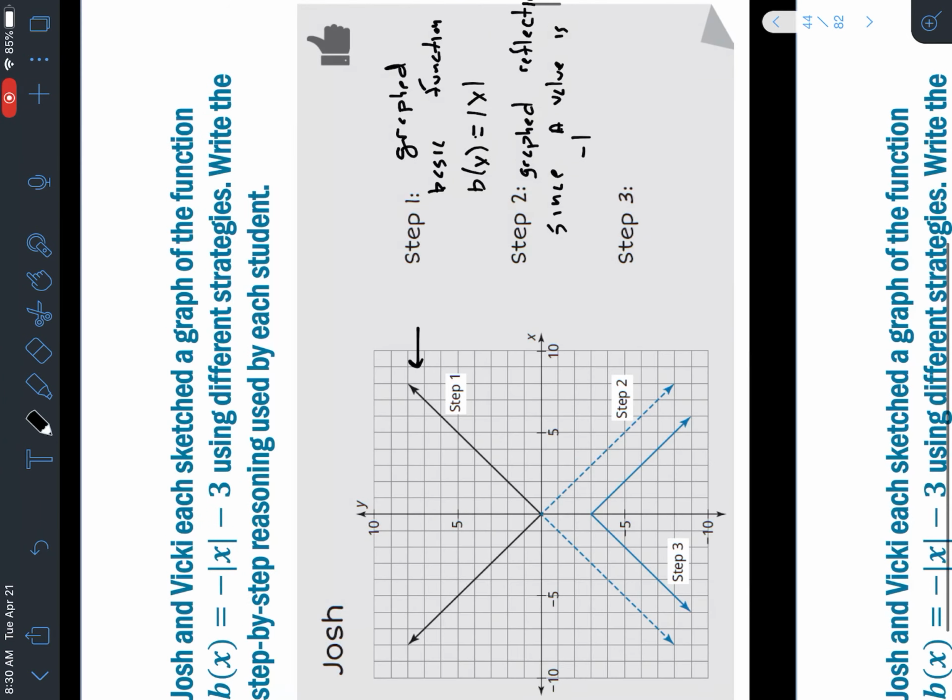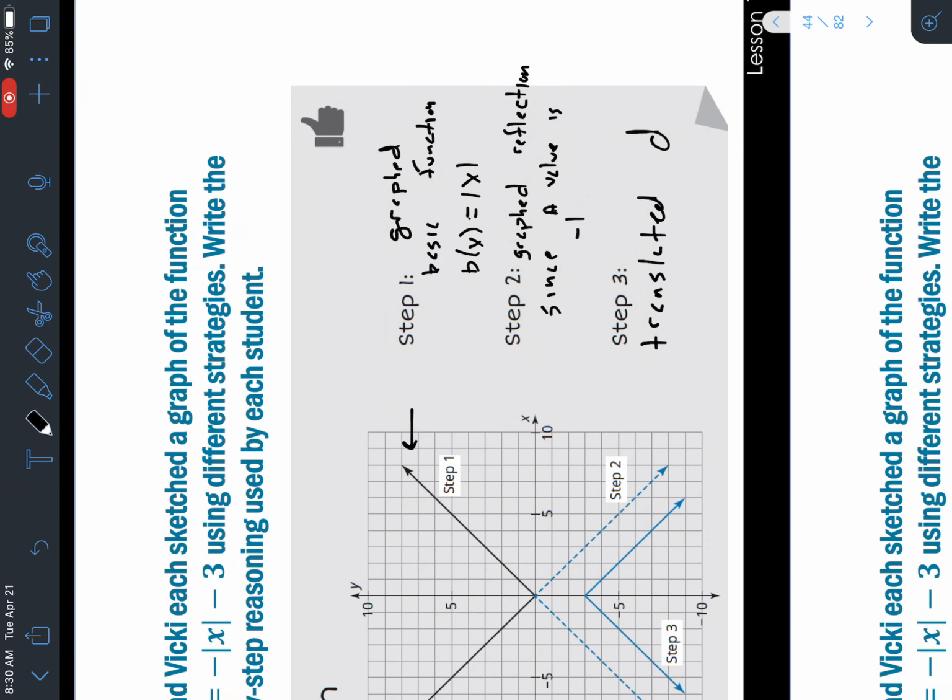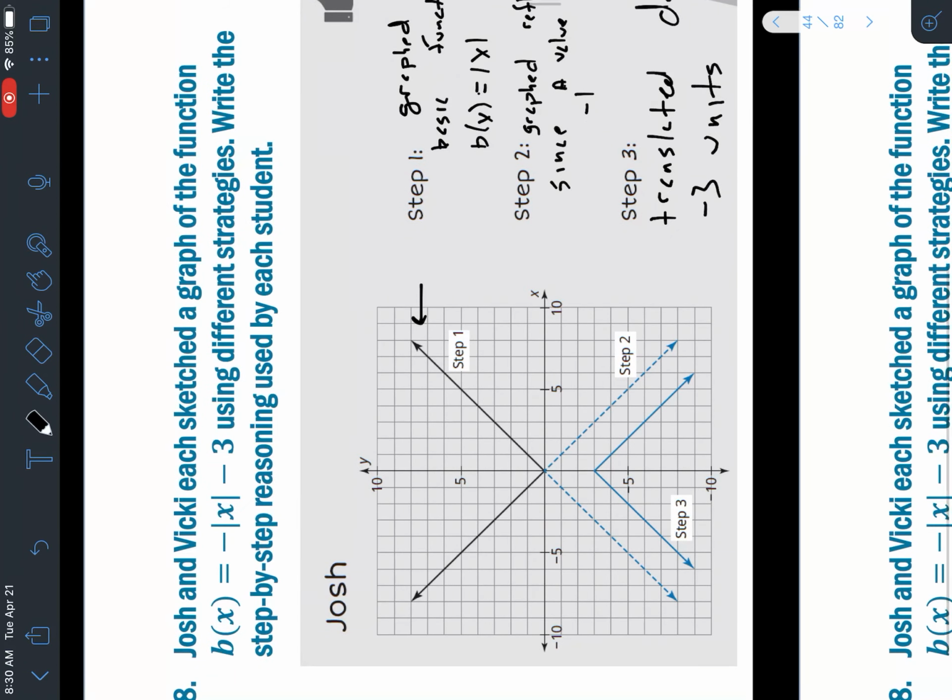And then the last step that he did is that he translated down 3 units. Because we can see right here, this would be step 2, the -1.